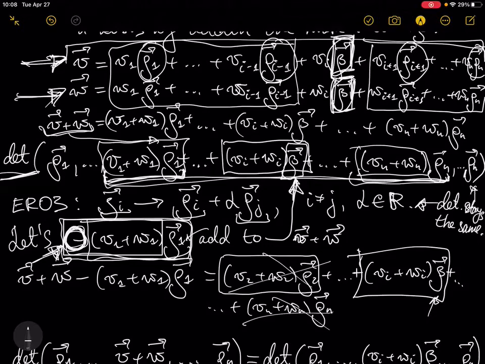Yeah, because elementary row operation number 3 requires you to replace a row with the sum of this row and a multiple of another row, and beta is contained only in this row. It's linearly independent, you can't express it through other rows, so you cannot use an elementary row operation to eliminate this term. So this term will stay, right?